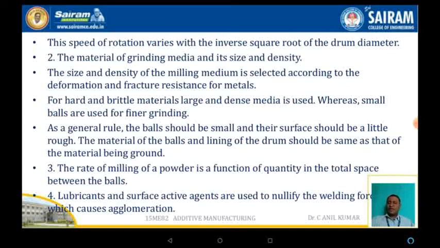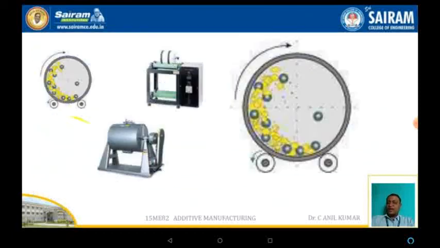The material of the ball and the lining of the drum should be the same as that of the material being ground. The rate of milling of the powder is a function of the quantity of the total space between the balls. Lubricants and surface active agents are used to nullify the welding force which causes agglomeration.